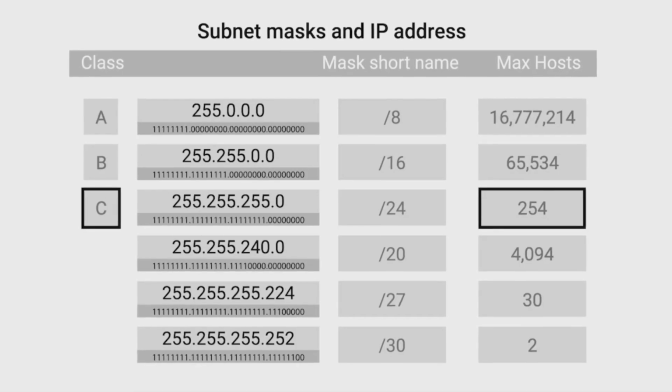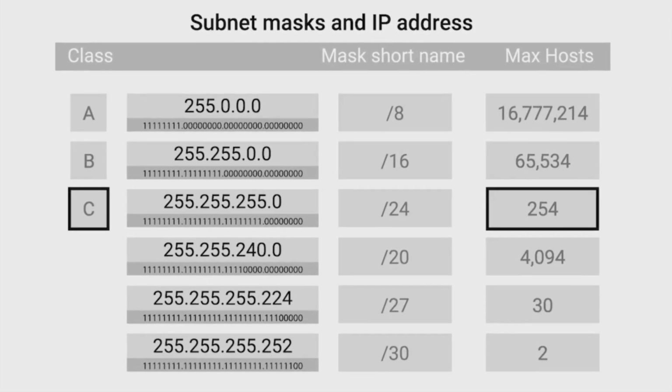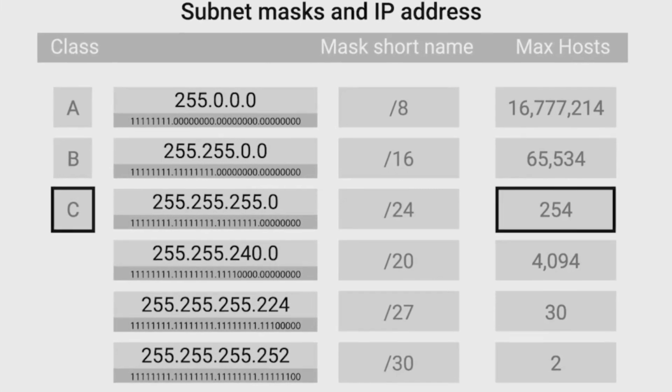Now, let's delve into CIDR, or Classless Inter-Domain Routing. CIDR takes subnetting to the next level by introducing greater flexibility in network design and management. Address classes had limitations, with rigid network size boundaries.